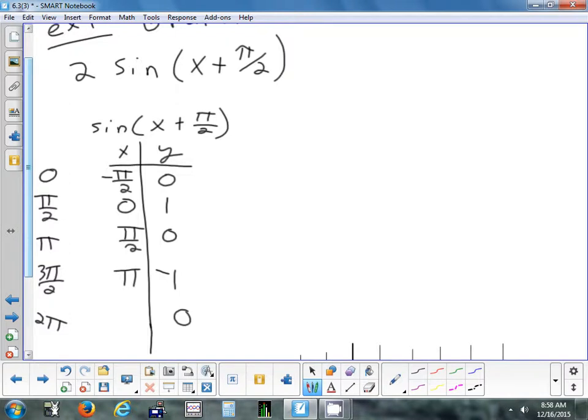And what's 2 pi take away pi over 2? 3 pi over 2. Yeah, you tend to start to see the pattern. It's the same numbers we originally had, except it starts at negative pi over 2 instead of 0. All right, so now we've shifted it. Now we got to do the final table, which is now going to do a, well, what is the 2 going to do?